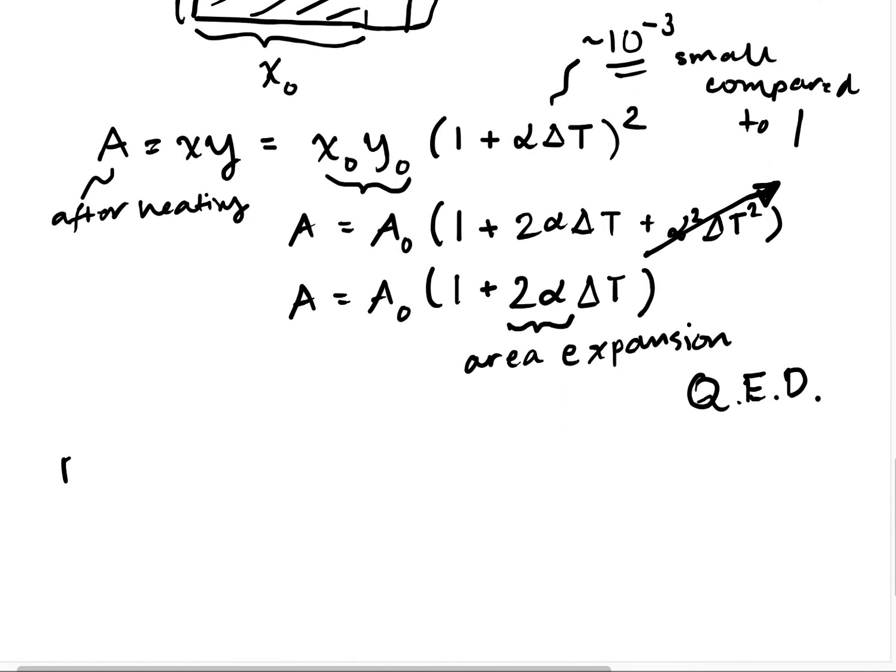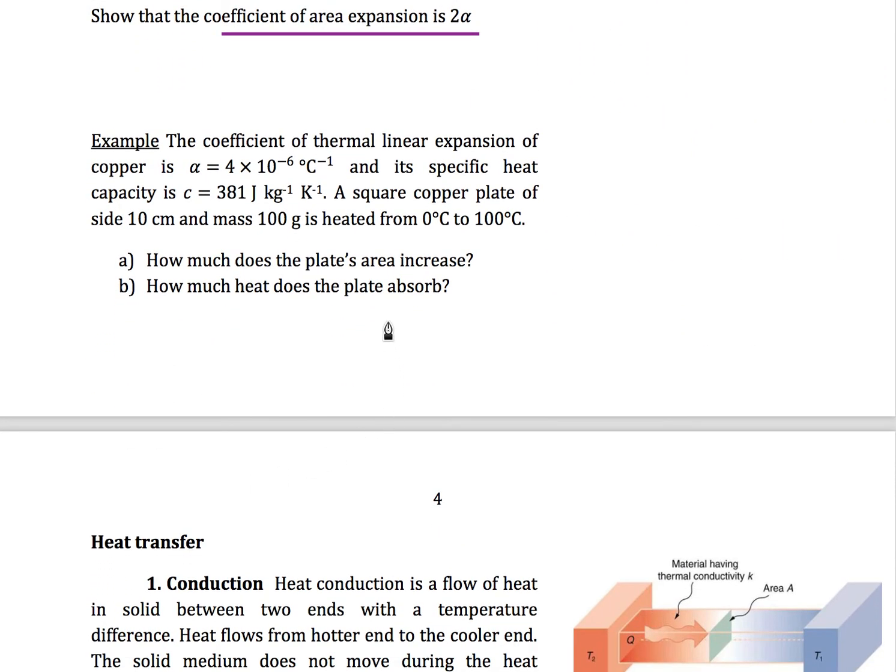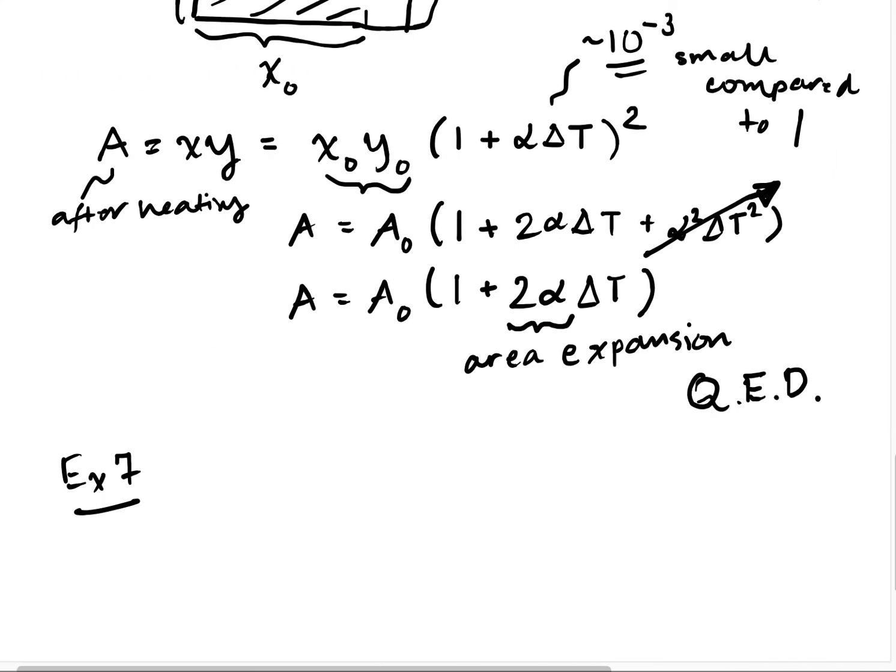Okay, so now question 7. You are given the alpha value, and you're also given the C value for an object. So you have a square copper plate of size 10 and mass 100 gram, heated from 0 to 100.